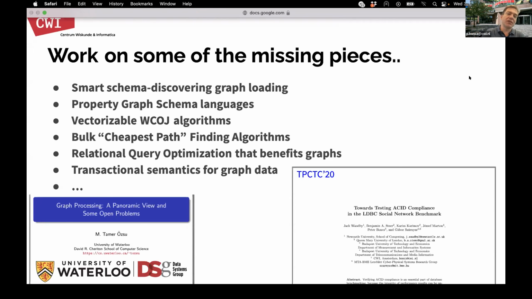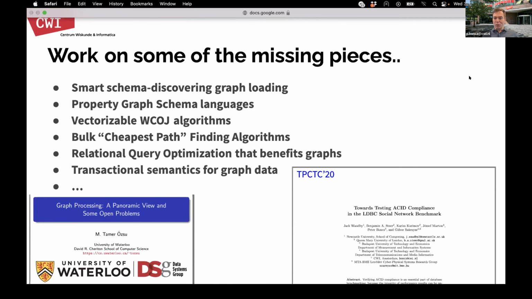I already mentioned the problem of doing efficient cheapest path and shortest path algorithms that exploit the fact that we do these in bulk. There is a general question, and when you integrate graph query processing with other query processing, you find many query optimization challenges, and so optimizers will have to be improved in order to deal with this properly. And an open issue is transactional semantics for graph data.